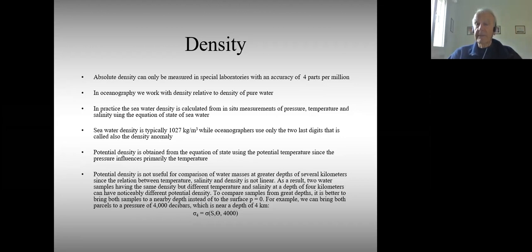Seawater density is typically, as you can see here, 1,027 kilograms per cubic meter, which is a typical density in the open ocean. For example, you will see later that in the Mediterranean the density is 1,029 or 1,028. So we are talking about 26.7 to 29.